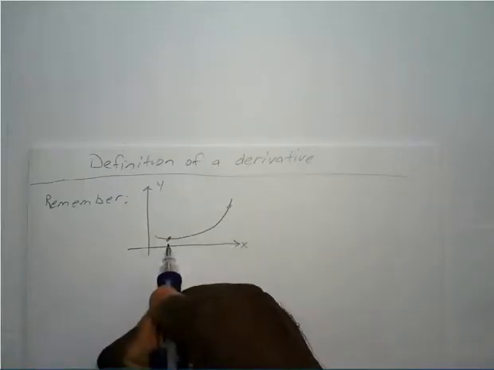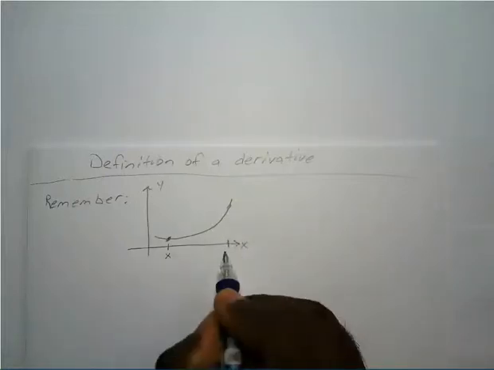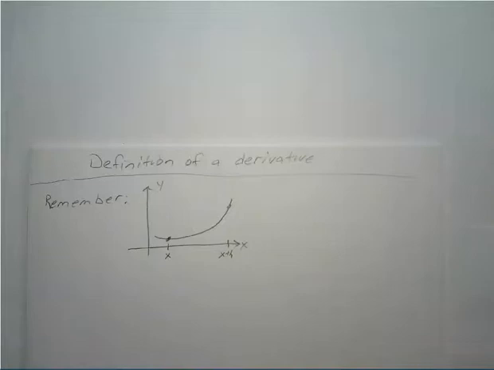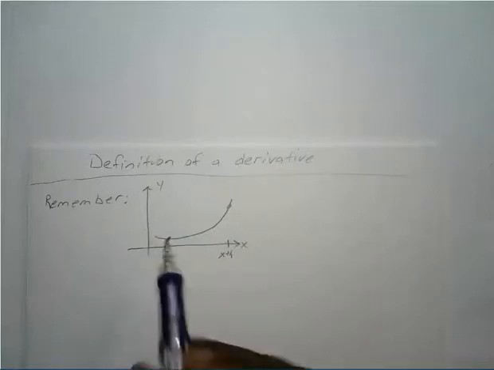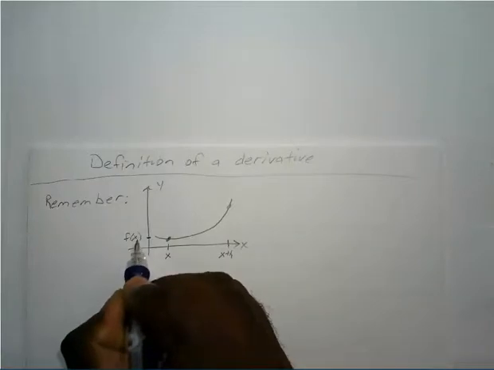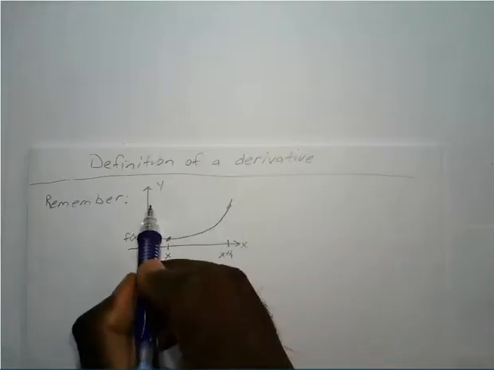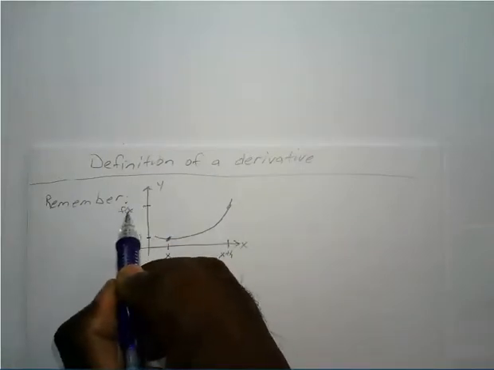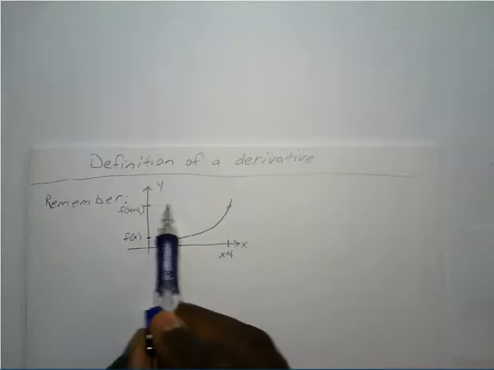This point we'll call x, and this point we'll call x plus h. So this would be x, y for our ordered pair, but instead of y, we're going to make this our function of x, which means at this point, x plus h, this would be our function of x plus h.